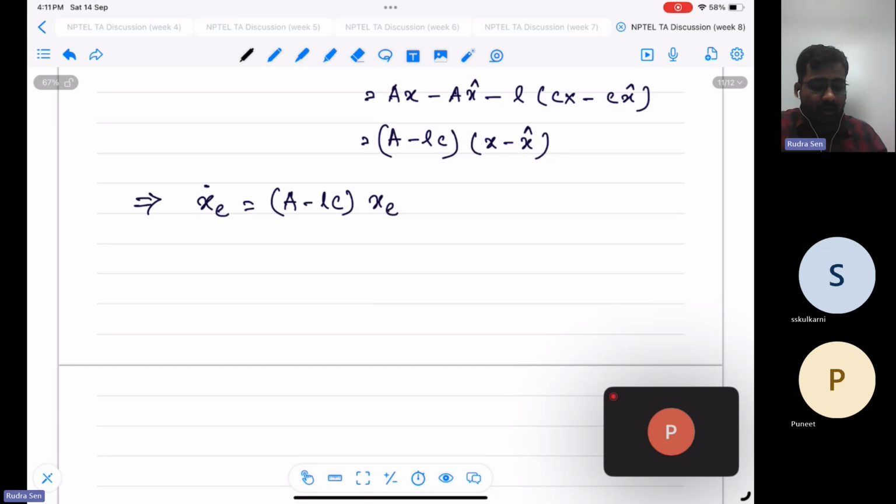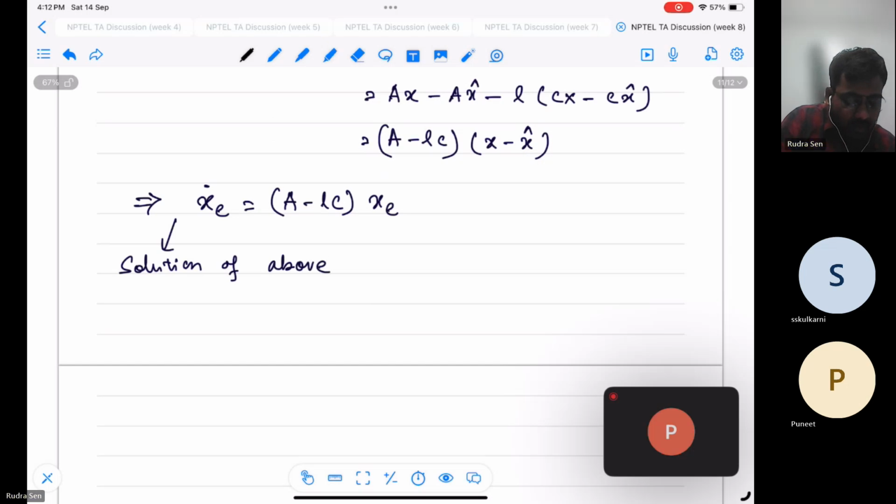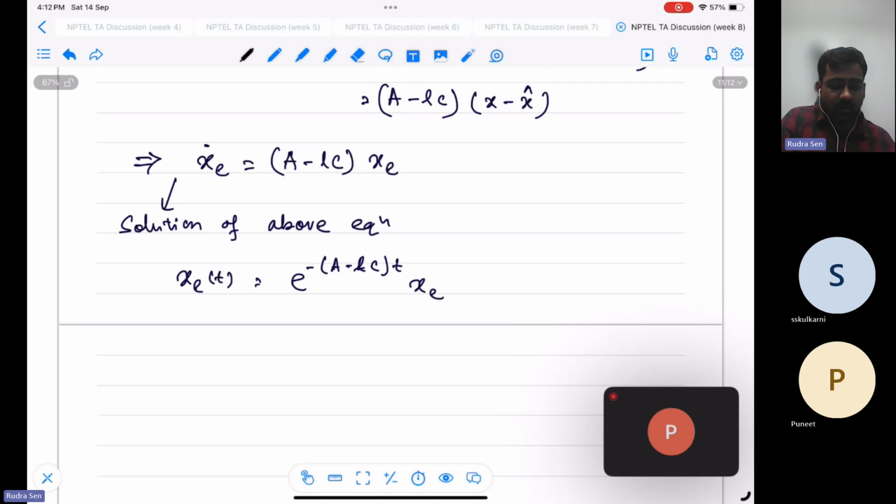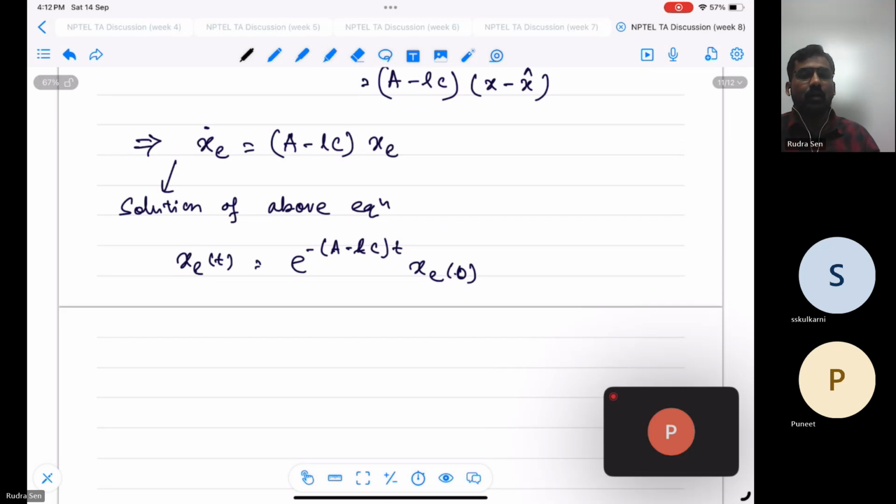So from here, what will be the solution of the above equation? It should be xe of t equals e to the power of A minus LC times t, times xe of 0, right?